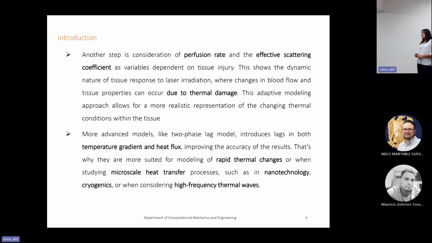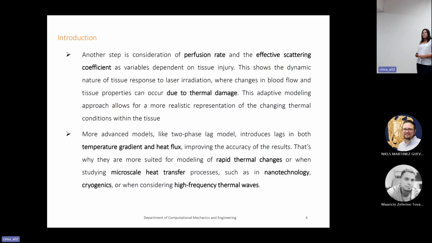In some more advanced models, we can consider perfusion rate and effective scattering coefficient that depend on tissue injury. And this shows the dynamic nature of tissue response to laser irradiation, generally on heating, where changes in blood flow and tissue properties can occur due to thermal damage. And such modeling can allow for a more realistic representation of the changing thermal conditions within the tissue.